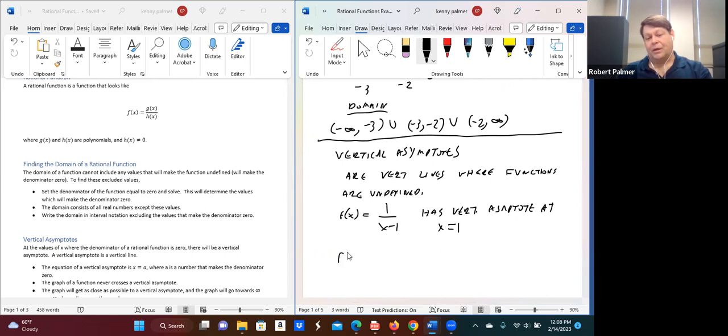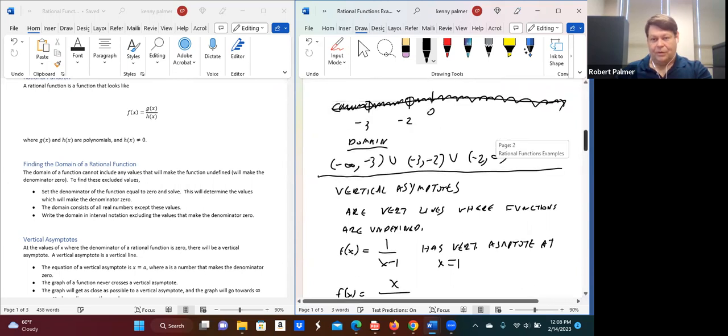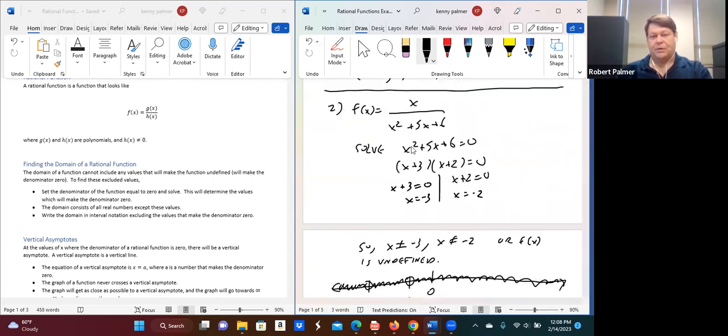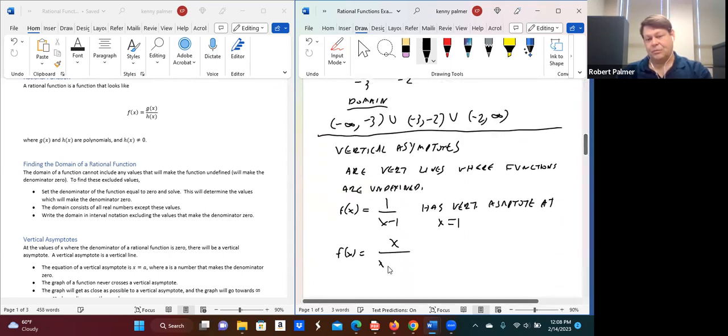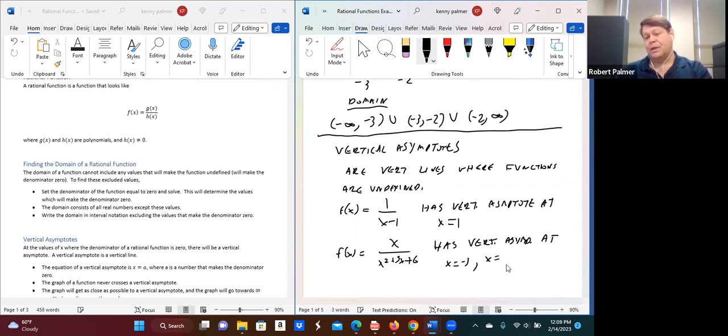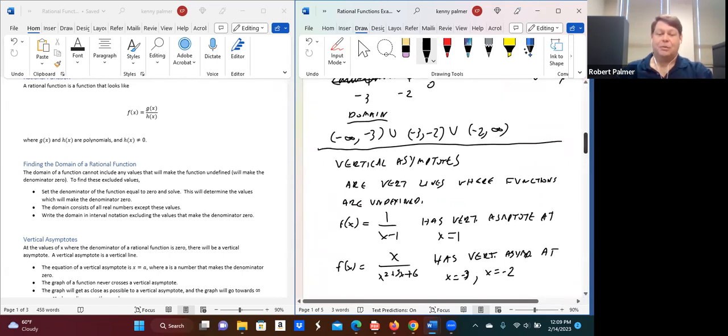And the other one I did, f of x was equal to x over x squared plus 5x plus 6, you can write it either the original way or factored. This case has two vertical asymptotes, at x equals -3 and x equals -2. So wherever you have the function undefined, you have vertical asymptotes there.